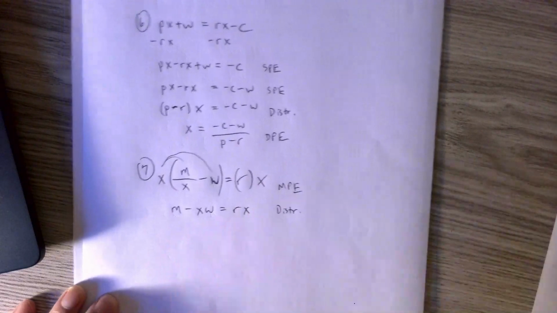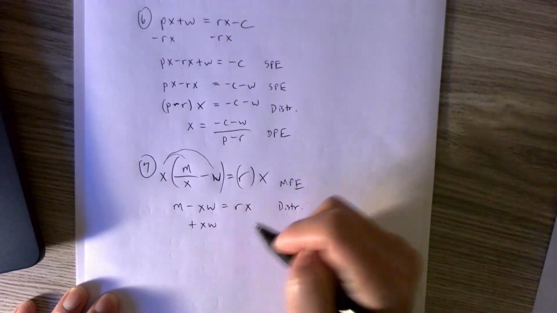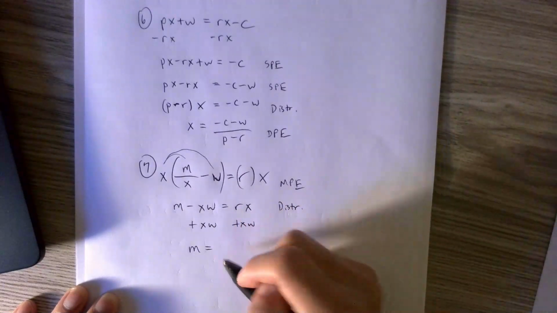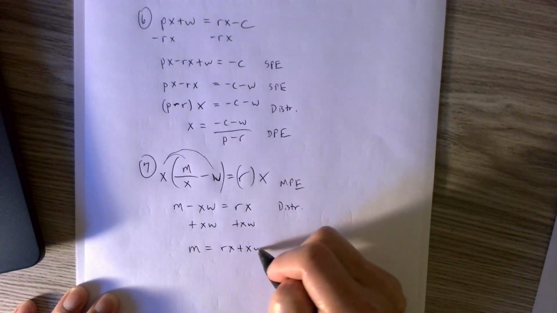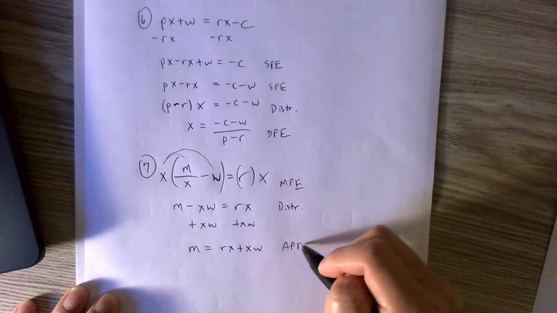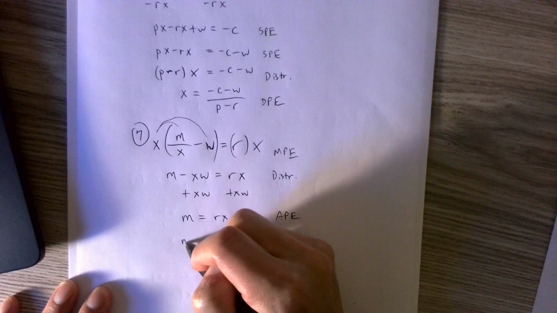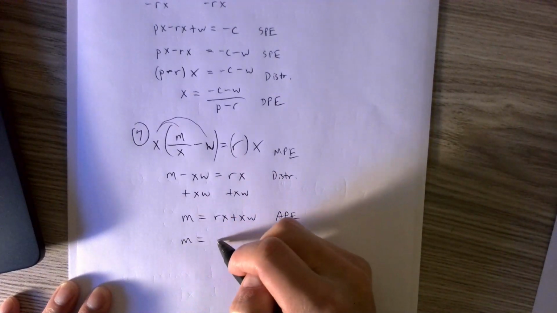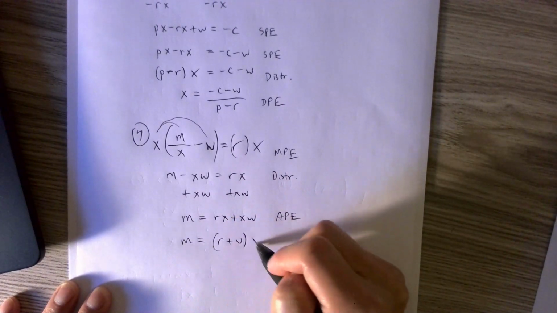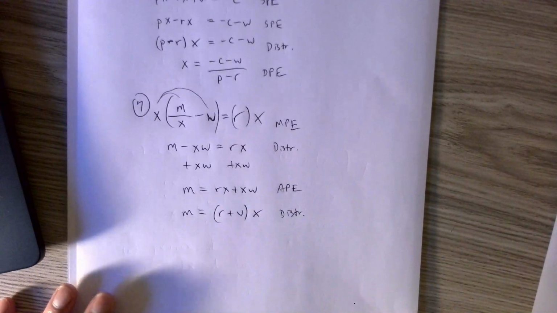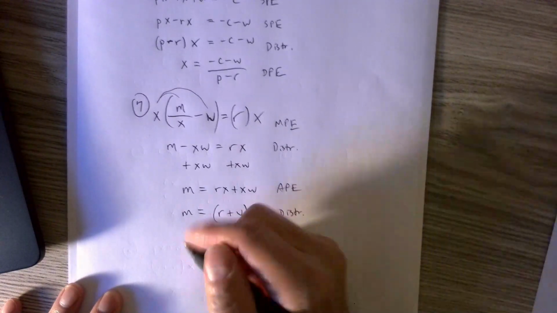So I'm going to add xw on both sides. Then I'm going to do my reverse distributive property. And then my DPE step.